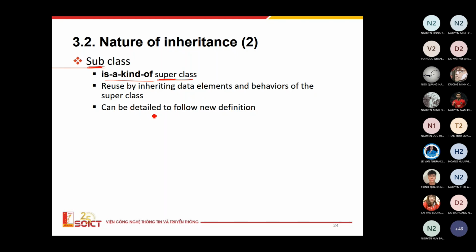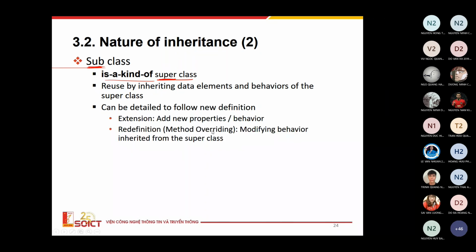The subclass will reuse by inheriting the data elements and behavior of the superclass. And they can also follow a new definition. That means they can have the extension, that means they can add their own property or behavior, or they can redefine, or we call it override a method.